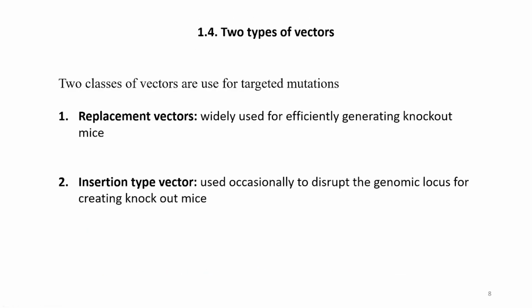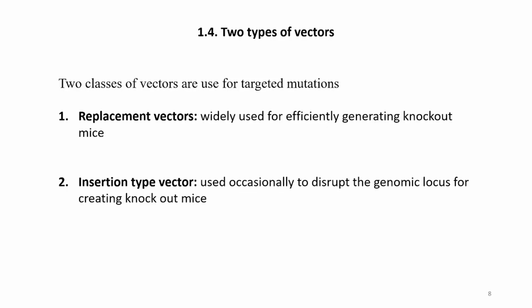Now we have basically two types of vectors which are used for creating knockouts or for targeted mutations. They are the replacement vectors and insertion type vectors. Replacement vectors are widely used for efficiently generating knockout mice.